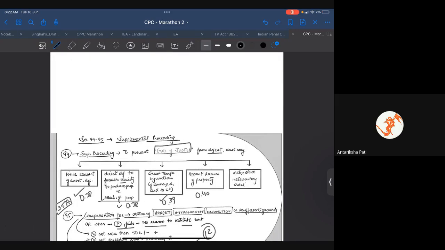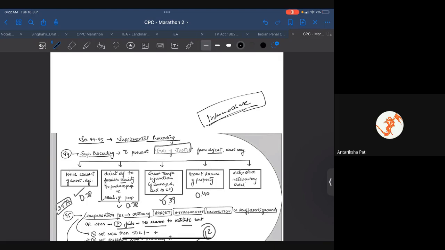Sections 94 to 95 are supplemental proceedings. Supplemental proceedings are intermediate proceedings, whatever proceedings you do in order to protect the subject matter. Like in criminal cases, bail is filed; in civil cases, all these supplemental proceedings are done.